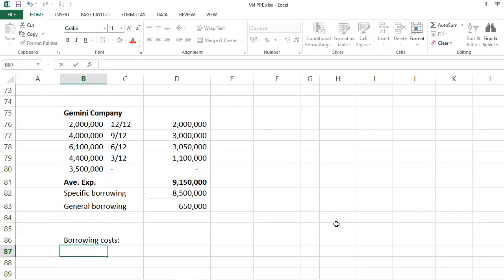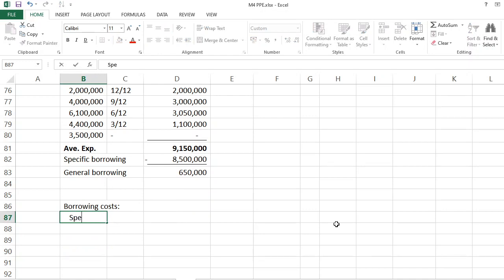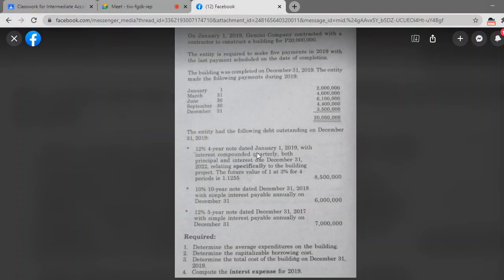Let's begin with the specific. Specific borrowing, that would be, okay, ito na yung bago sa question na to. We have 8.5. Kung i-compute mo how much is the interest, it's actually an interest naman talaga, di ba? Gusto mo siyang i-compute manually, pwede din.